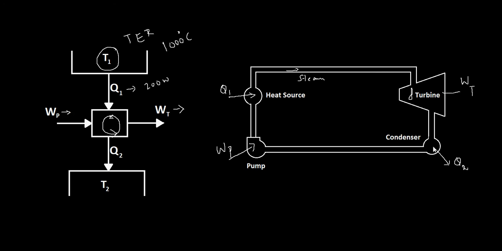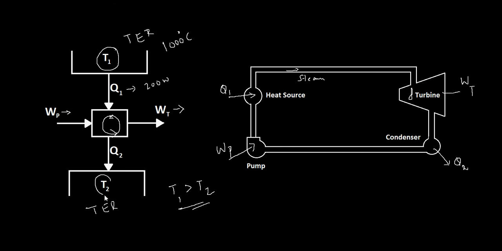And also you have a heat rejection to the low temperature reservoir. Let's call it another thermal energy reservoir, which is at a low temperature. So obviously, from this case you can see temperature T1 is greater than T2, because it is receiving a higher heat, and the heat rejection is low. And as you know, heat can only flow from a high temperature to a low temperature, so T2 should always be less than T1.